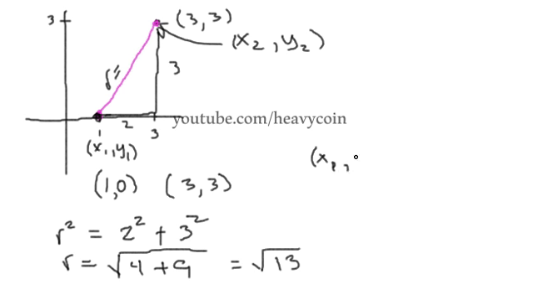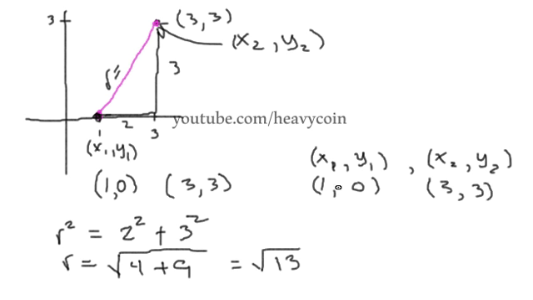This is x of 1, y of 1, and x of 2, y of 2. And I want to find this number right here, the difference between 3 and 1. Well, if I go ahead and label my numbers here, so this point was 1, 0, and this point here was 3, 3.